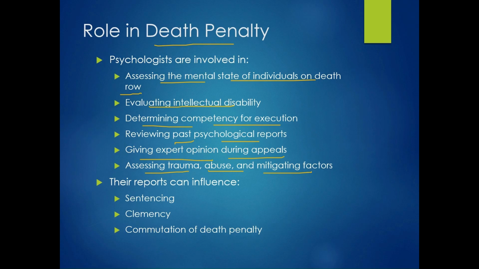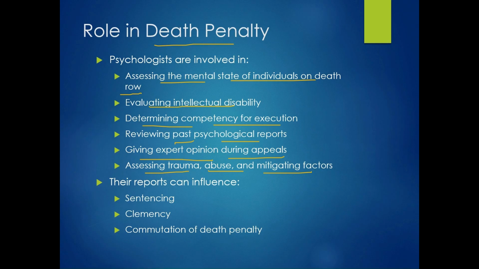So the psychologist would be examining mental illness, intellectual disability, the trauma history of the person, and competency for execution. If someone is severely intellectually disabled, such a person cannot be legally executed. These kinds of reports are given by the correctional or forensic psychologist involved.